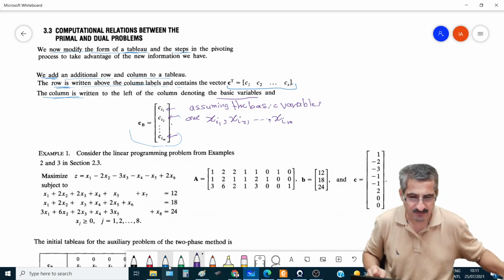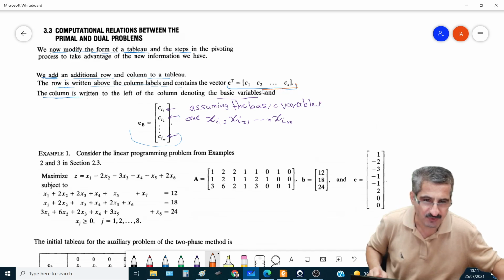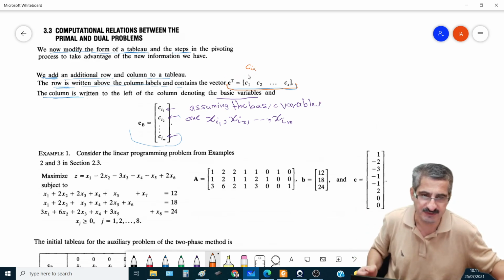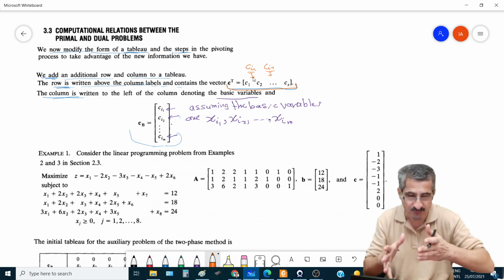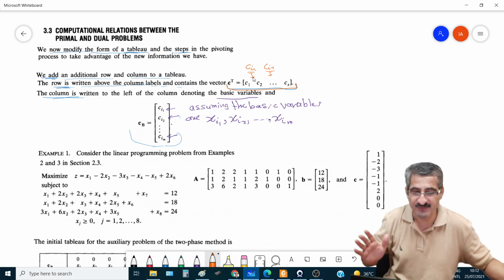Now we go to the cost vector and pick CI1, wherever it is. It might be C1 or C2 or C5. And CI2, the same thing. We pick them all from here and make a vector that we put at the left of the table.